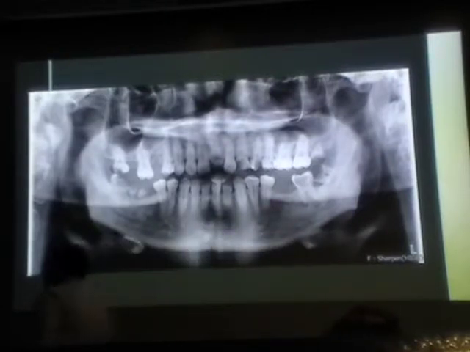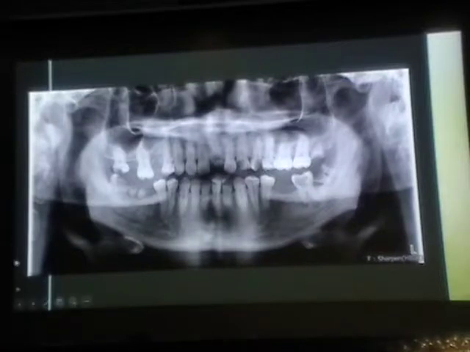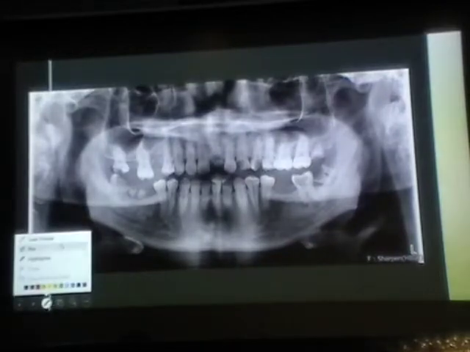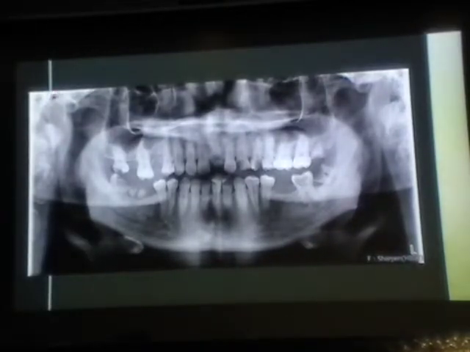So somebody wants to review the anatomy, right? Okay, let's review. Starting from here, what is this structure here? What about this structure here?